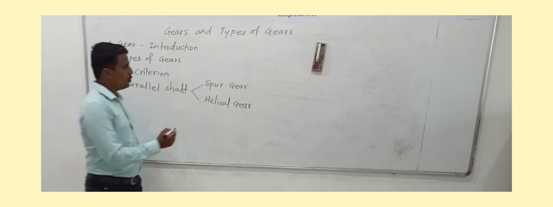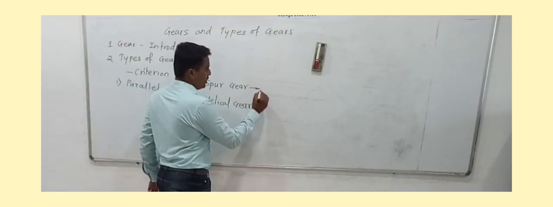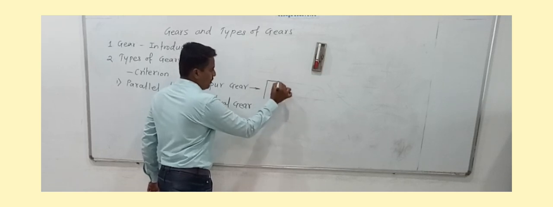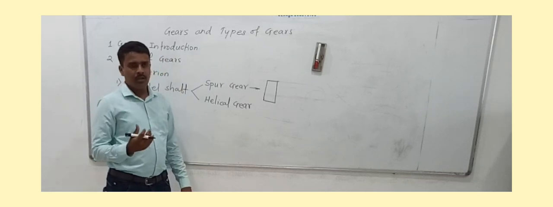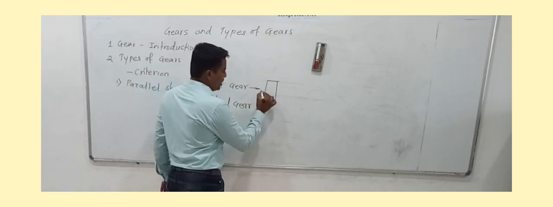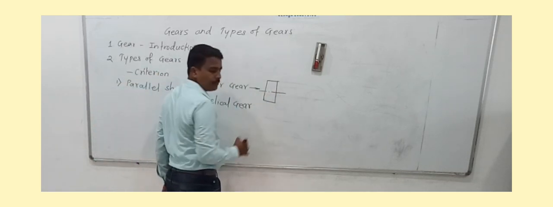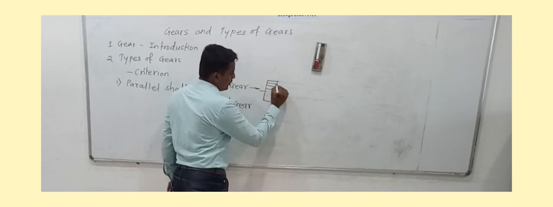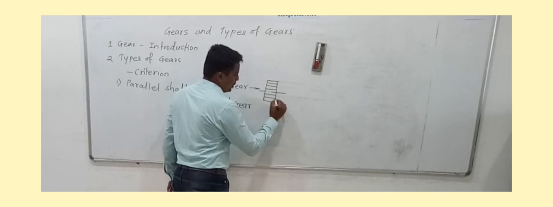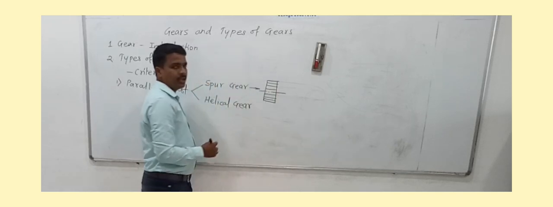For example, I will show you here. If I take the front view of a gear mounted on this shaft, the teeth are exactly parallel to this shaft axis. Such types of gears are known as spur gears.